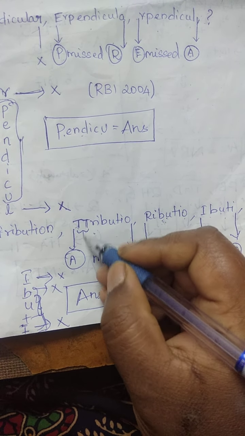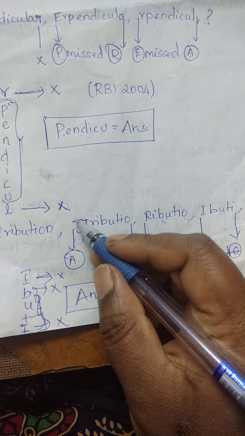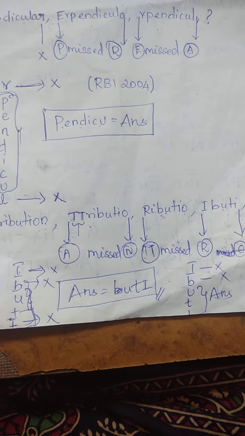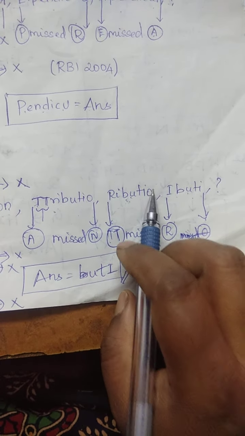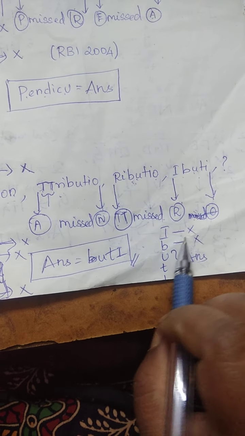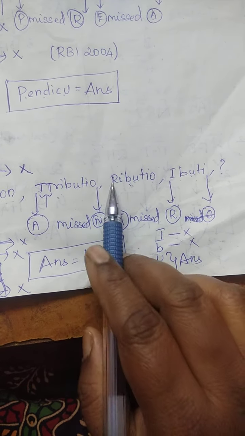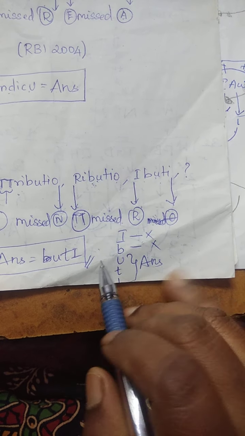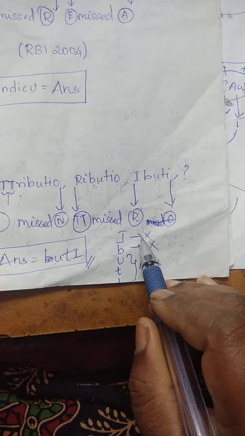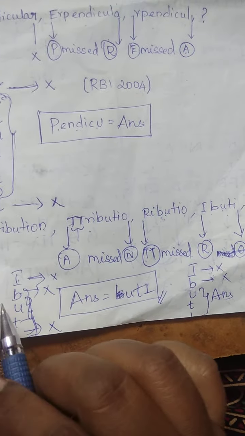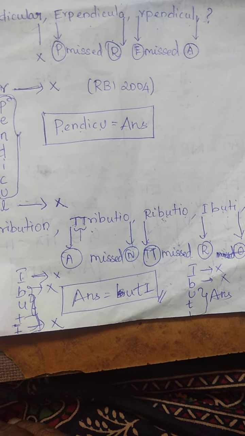Just they have taken away the first two terms. Here the first and the last term, then here the first and last term, then the first two terms. Here they did like this. I am just confused. Sorry for the inconvenience. If you have doubt, please comment me.